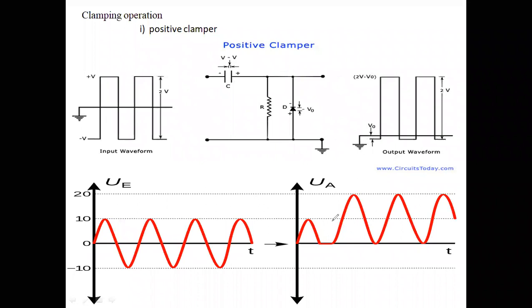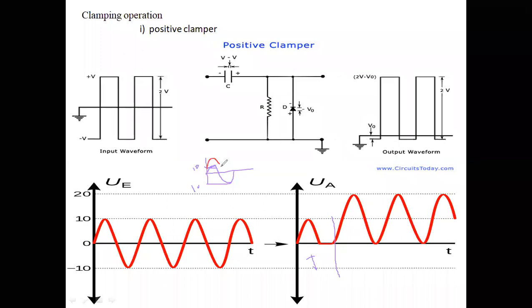Up to this portion we may consider as a transient. Therefore, when you are drawing the output for a clamper, suppose this is my input signal with some peak to peak, with 10 volts and minus 10 volts. Then the output voltage may start from 10.